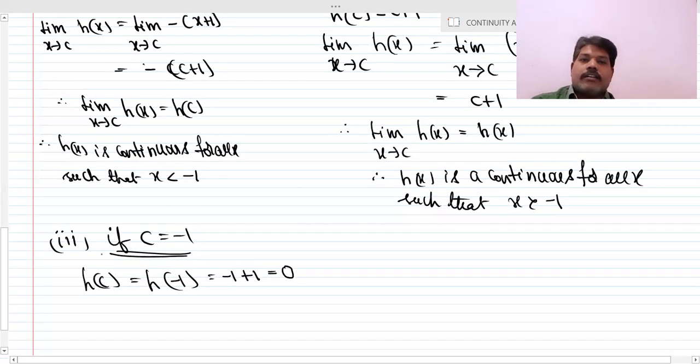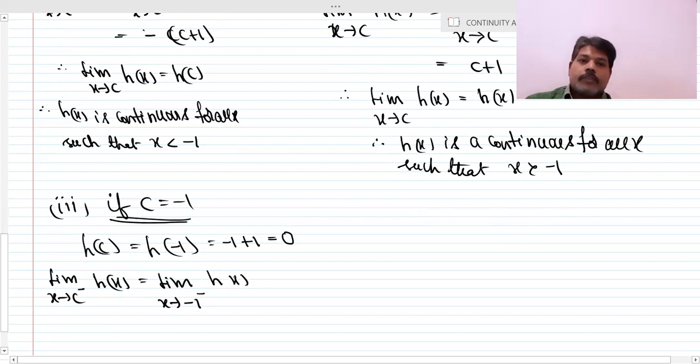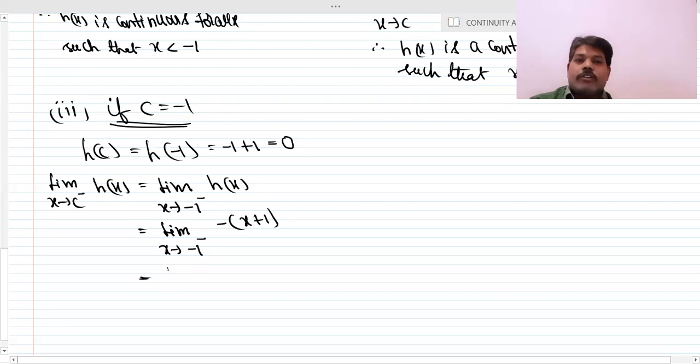Next I will take the limits. Left hand limit first: limit as x extends to c minus of h of x is equal to limit as x extends to minus 1 minus of h of x. In this case h of x becomes x plus 1.